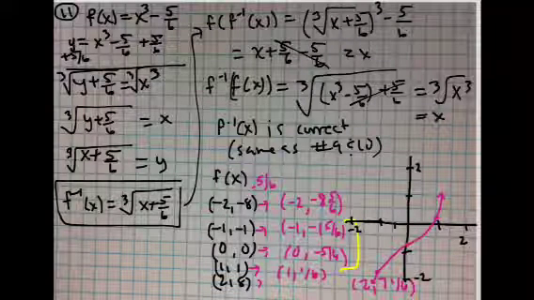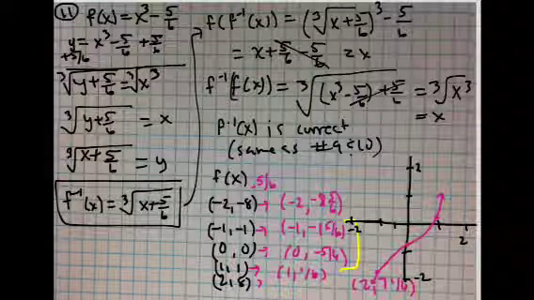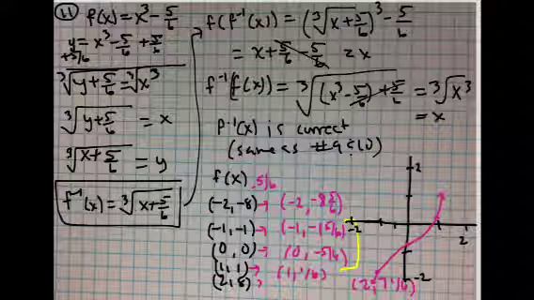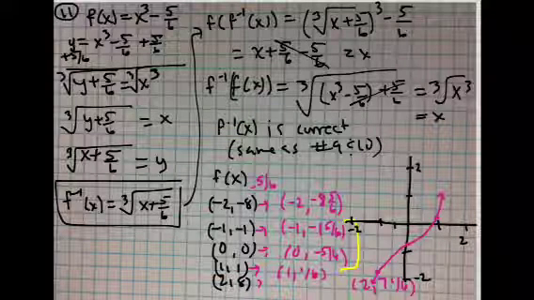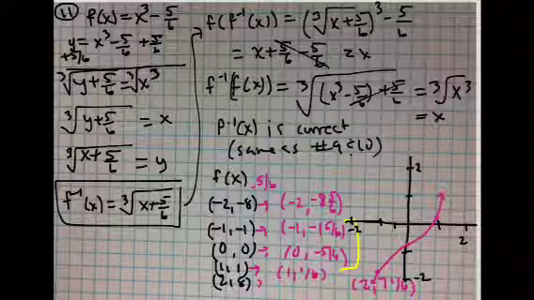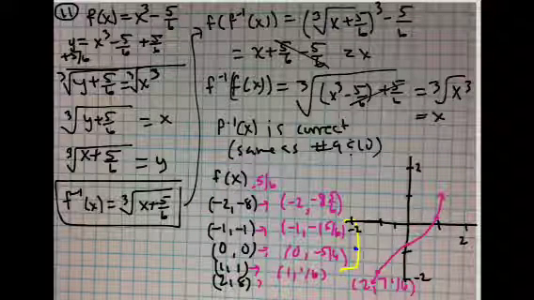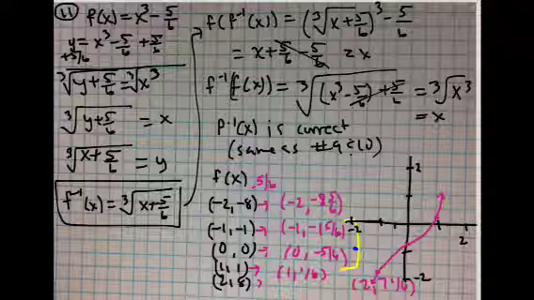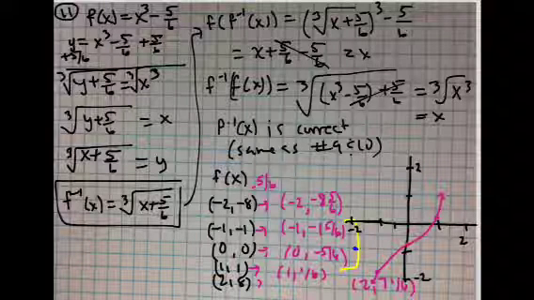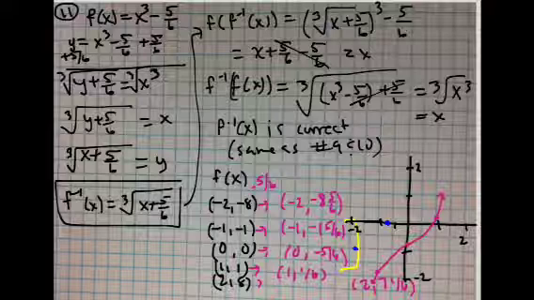And then switch them for the inverse. So instead of negative 1, negative 1 and 5/6, it's going to be negative 1 and 5/6, comma, negative 1. So about here. Negative 5/6, 0. Here.